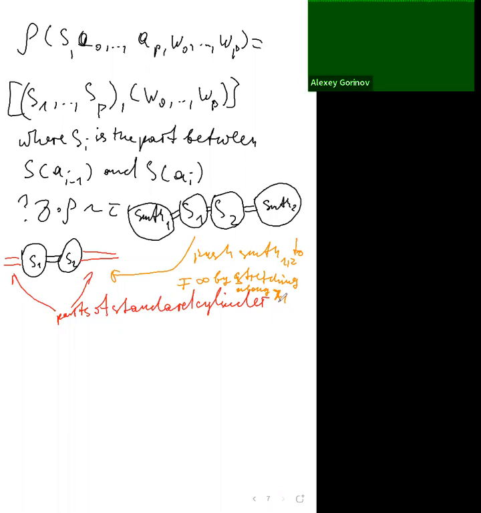Okay, this is a description of sorts for the homotopy between tau and rho composed with sigma.